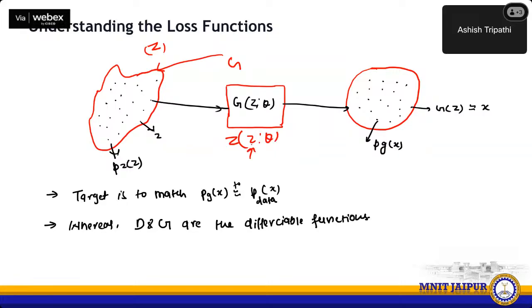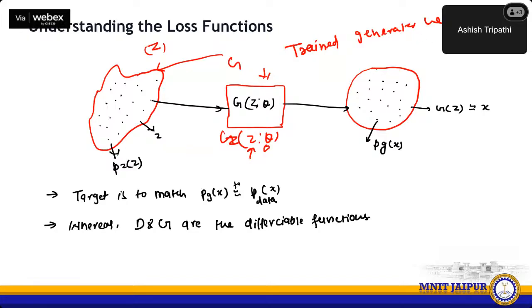That means it has got the noise Z, it is being trained over the course of iterations, and it is parameterized by theta. Theta is nothing but a set of parameters. So this is a parameterized network. In a nutshell, it is a trained generator network.